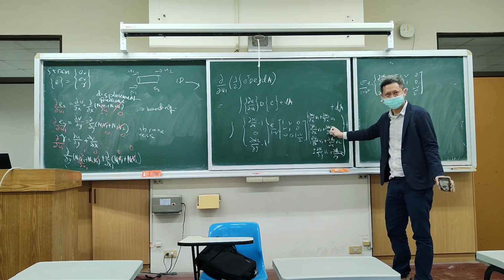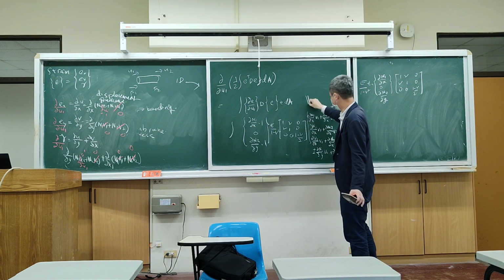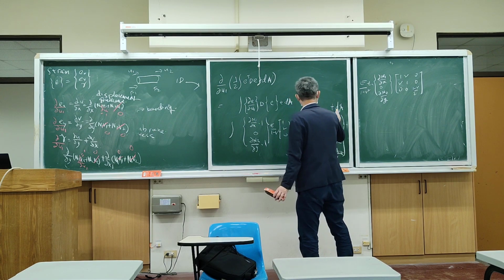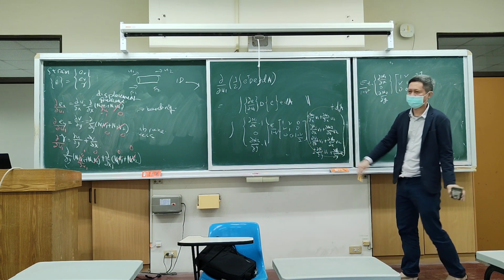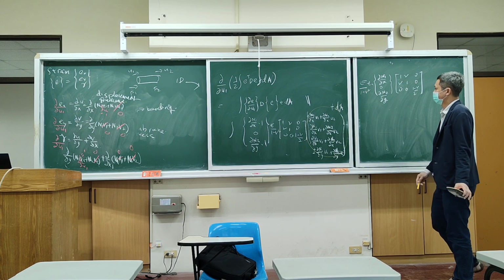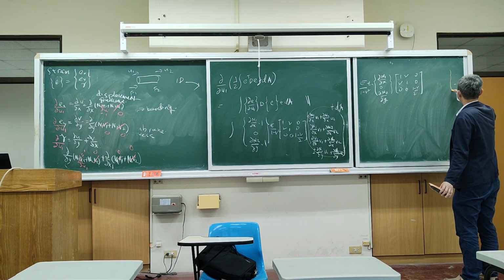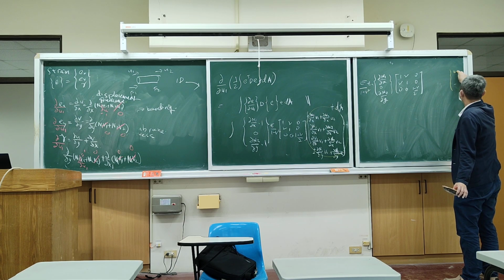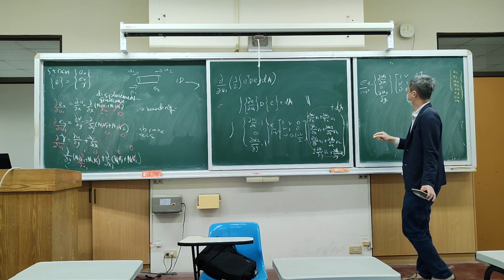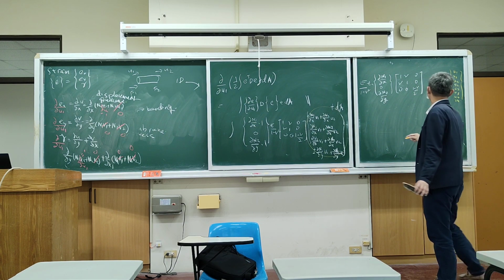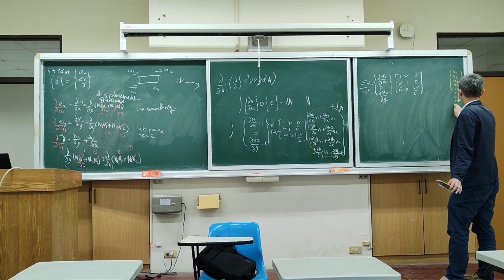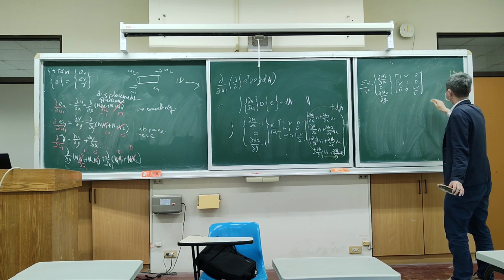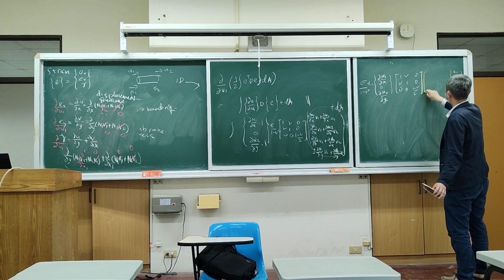I'm going to write them in the matrix form for the last vector. How am I going to write this last vector? To write them, I pre-multiply u1 v1, u2 v2, u3 v3, u4 v4. You got it? And then this is an 8 by 1 matrix, 8 by 1 vector.